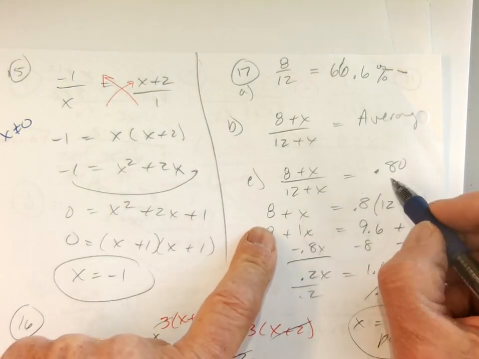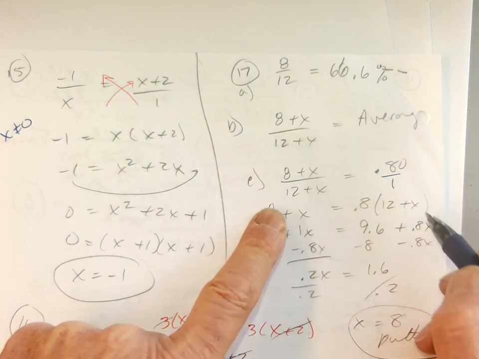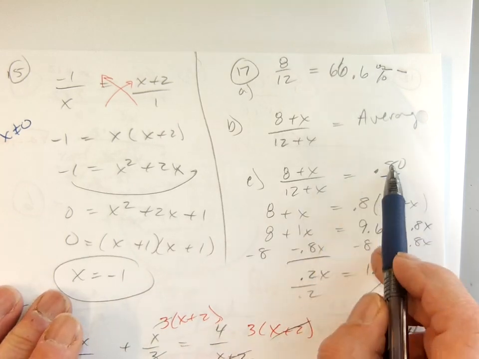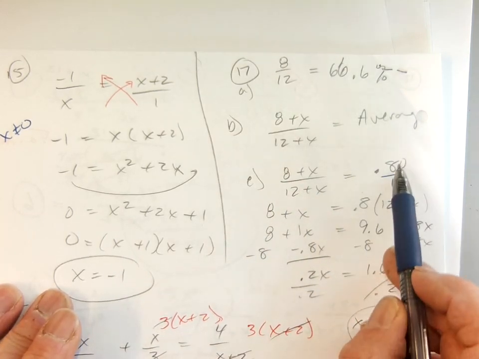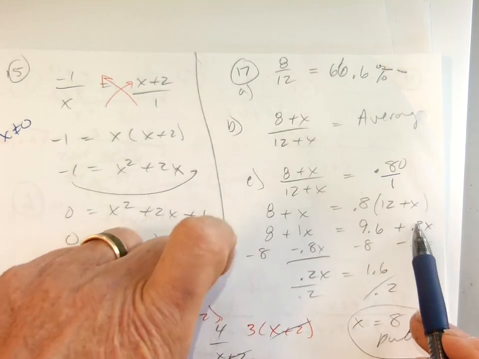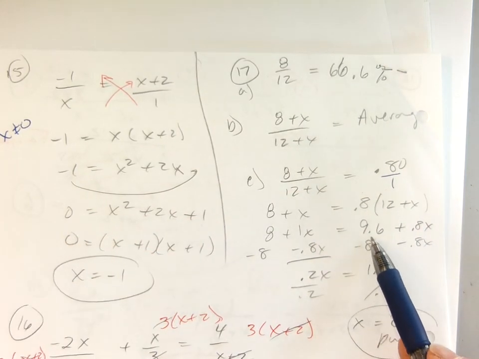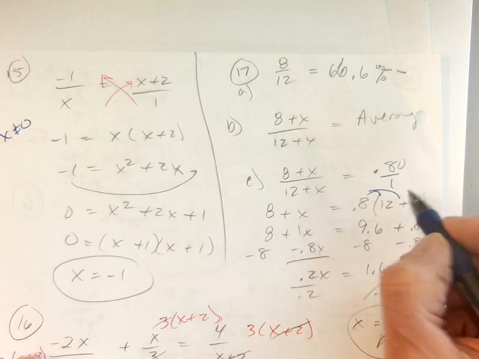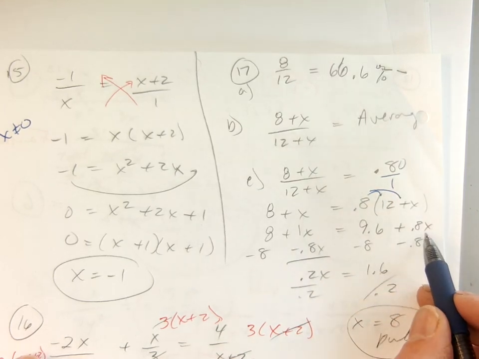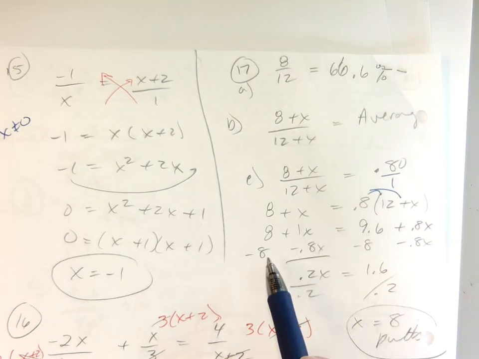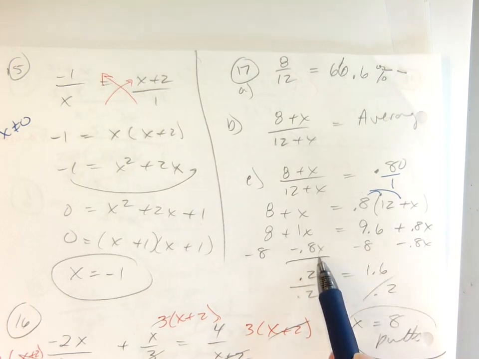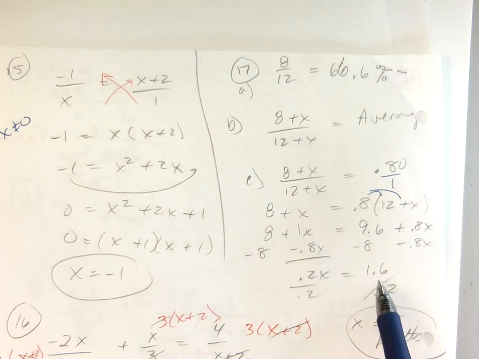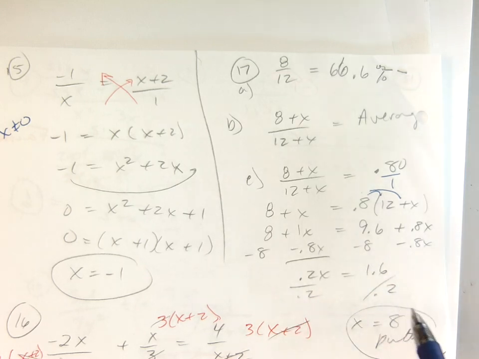So I cross multiply, and that's like 0.8 over 1. I get 8 plus x equals 0.80 times my 12 plus x. I multiply, I get a 9.6 plus a 0.8x. I want to solve, so I go minus 8, and I also go minus 0.8x, gives me 0.2x equals 1.6. Divide, and I get 8 putts.